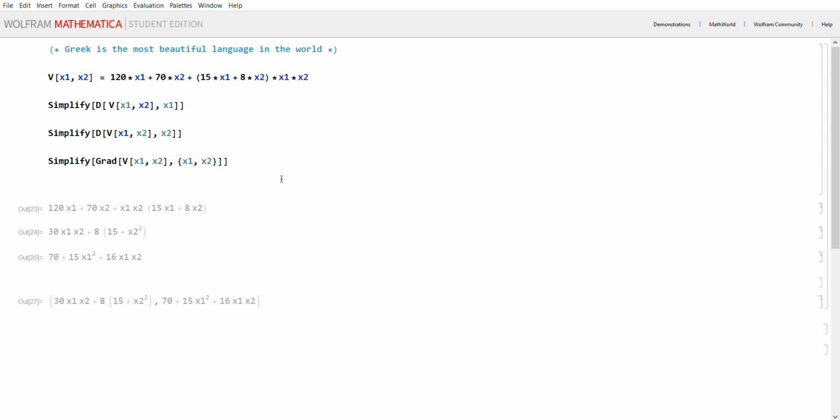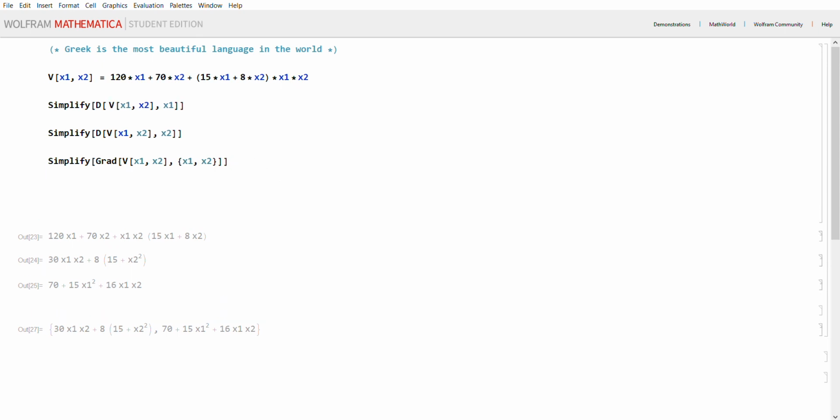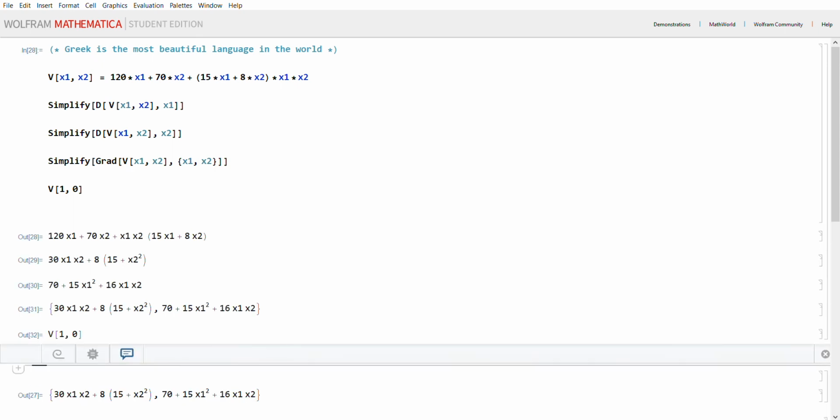Let me try, because he's going to ask you to calculate it, and let me see if it can calculate. 1, 0, because x1 is 1 and x2 is 0, and he's definitely going to ask you to calculate it. Let me see if it could give you the output. Okay, it does not understand.